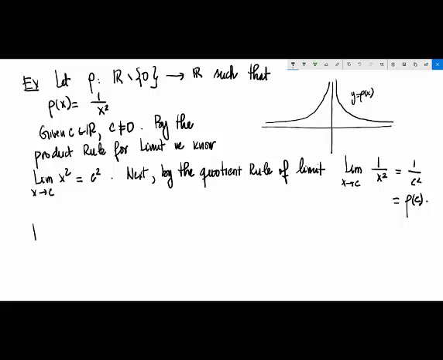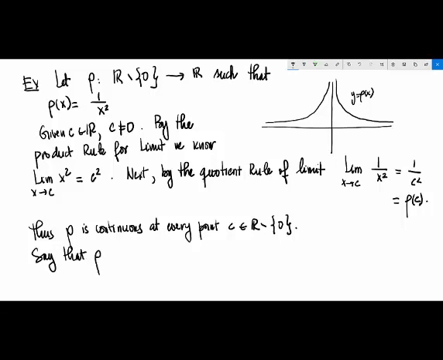Right, so thus rho is continuous at every point c in R take away 0, and we say that rho is continuous on R take away 0.